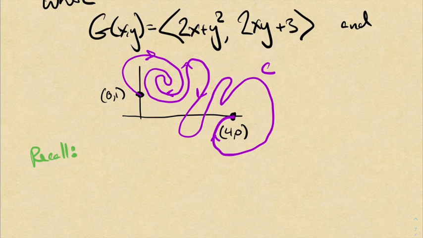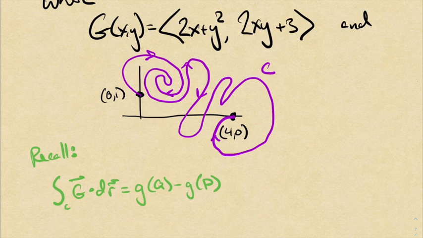I'll write it a little differently than I did above. The line integral of our vector field along some curve C will be g of q minus g of p, where g is a potential function.